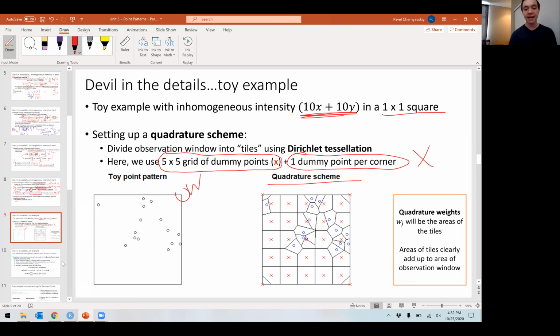Every x is a place where I will be approximating that perfectly continuous, smooth integral. Every x is where I will be taking the height of the melted chocolate surface. The blue, of course, is where we already observed data. So you can also think of our dummy points as representing empty space.